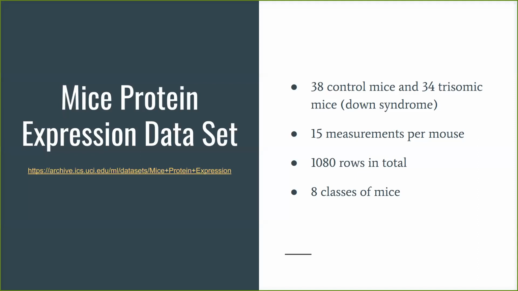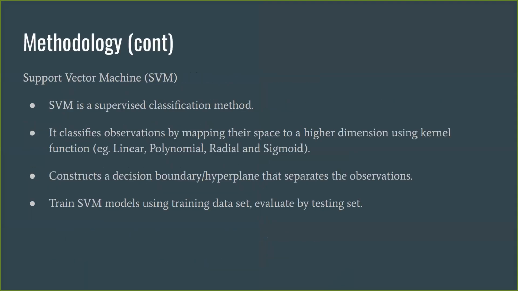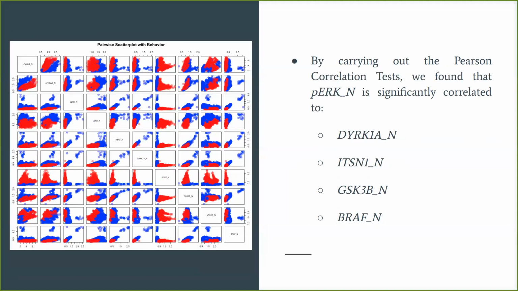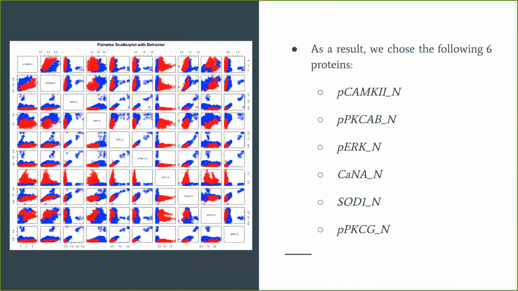So I was wondering about your result. It's actually quite different from the result of the other group. What happened to the proteins that you found? The features? How about the other group?